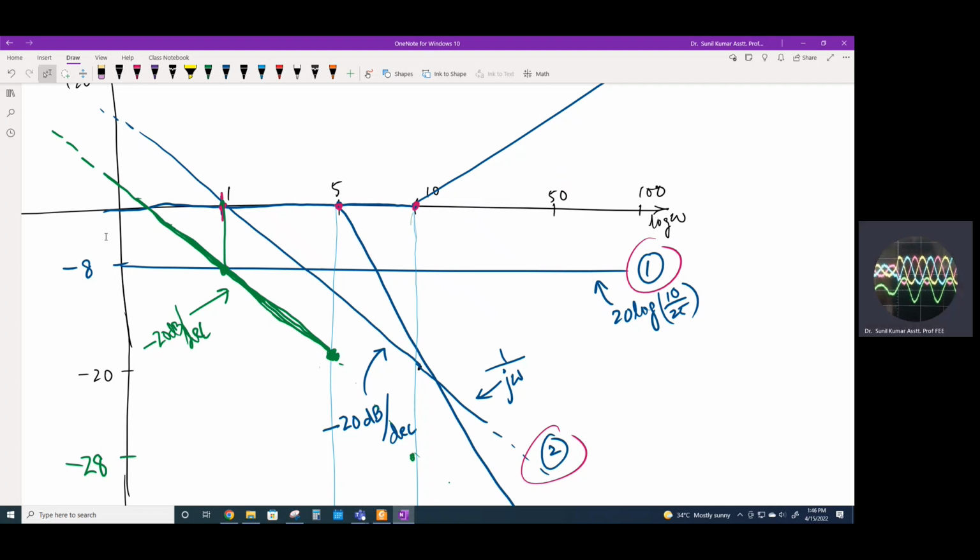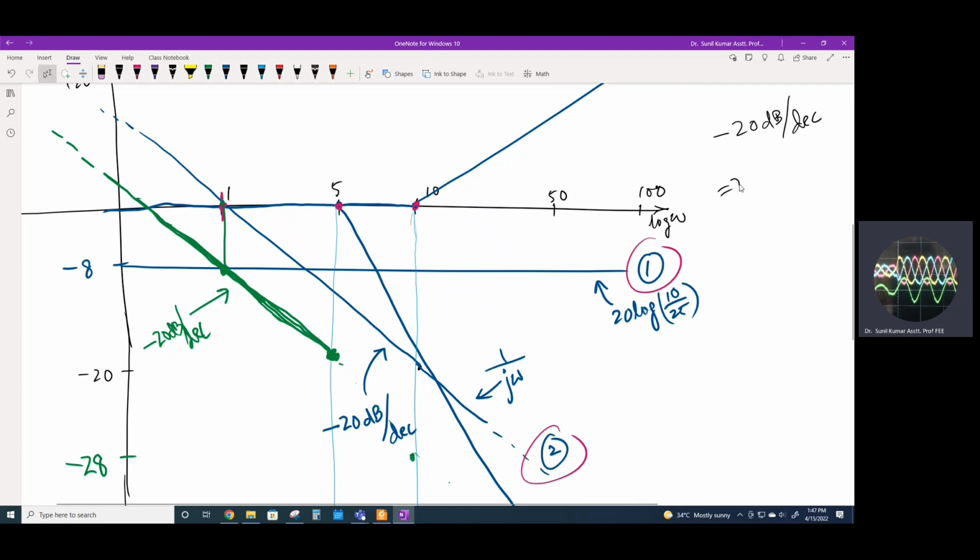Okay, what we can do here now is take advantage of the 5 here. So when we say the slope is minus 20 dB per decade, that means for every 10 radians per second, the value of h is reduced by 20 dB.